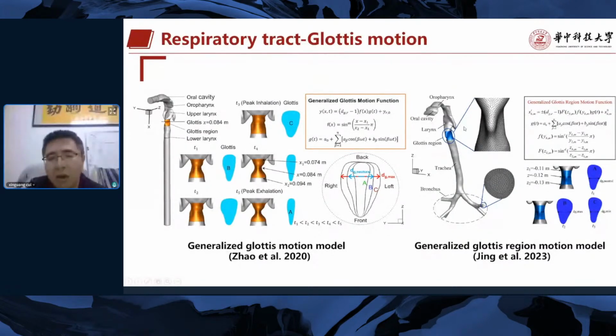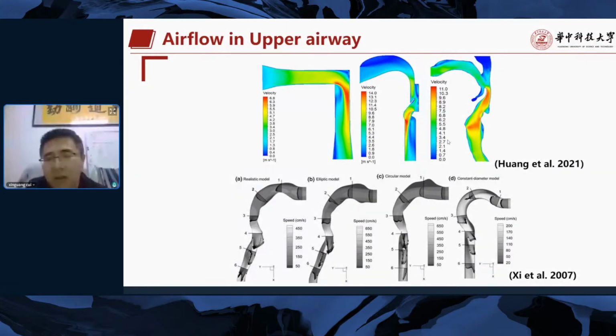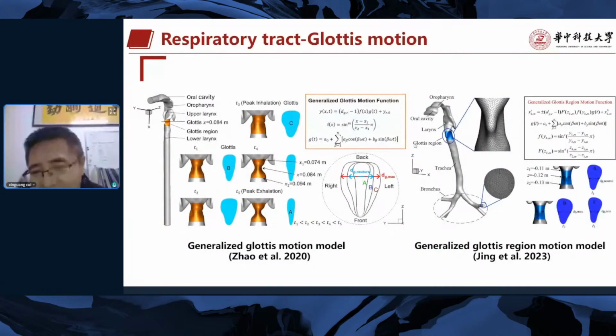This is much more difficult: it is more difficult to model the glottis motion in the realistic model than in the JAWS model.